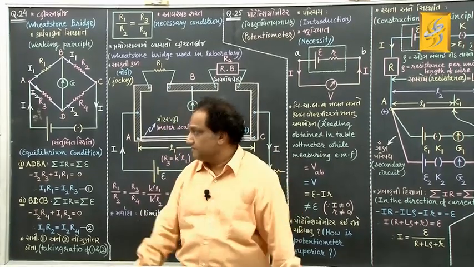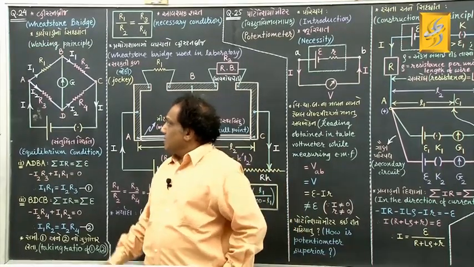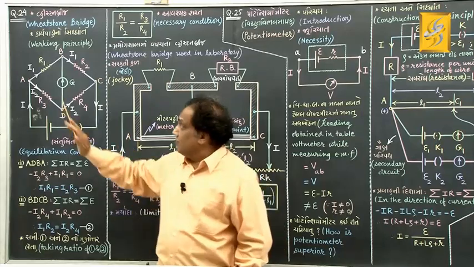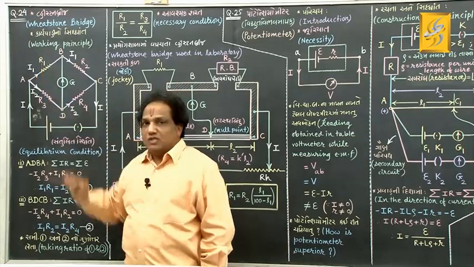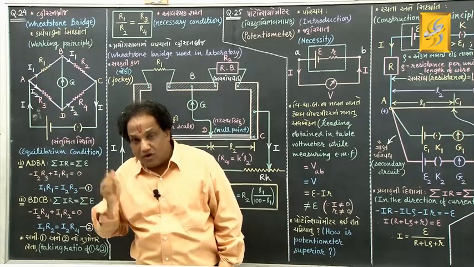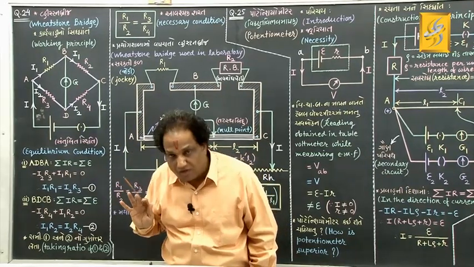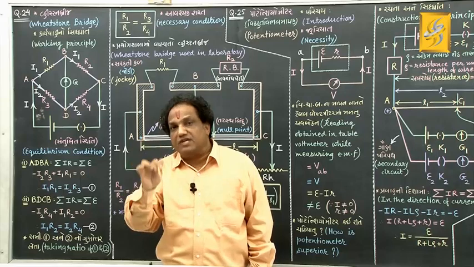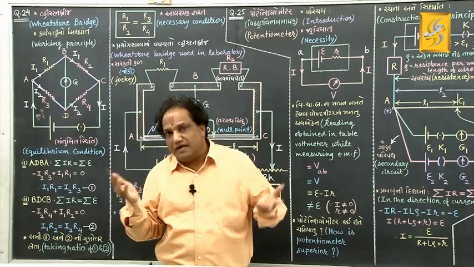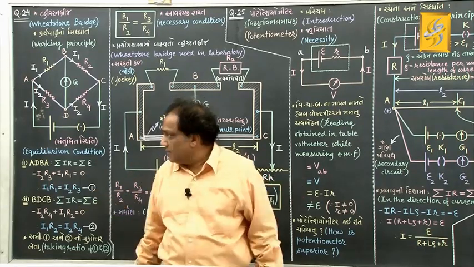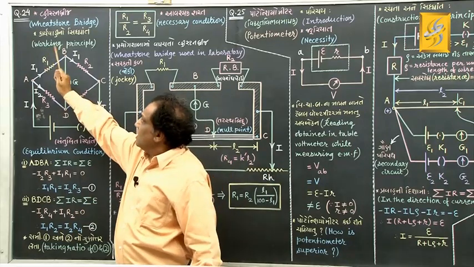Correct? Fine. Now, how can we find out the value of this unknown resistor? For that, let us see the working of this electrical network. On which principle is its working based? Let us see the working principle now. We now go for the working principle.